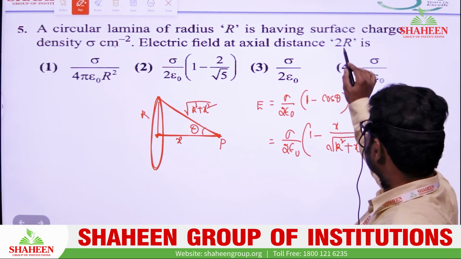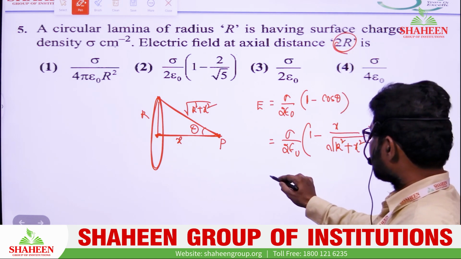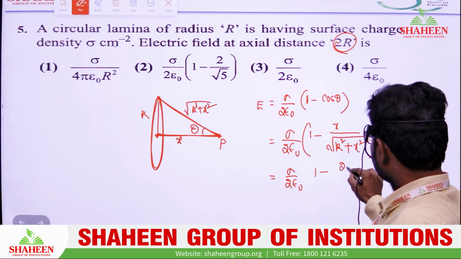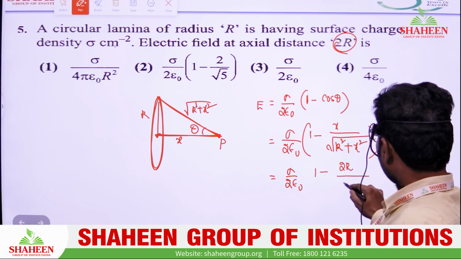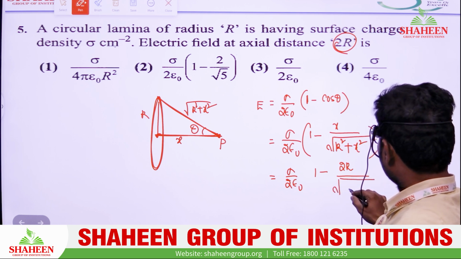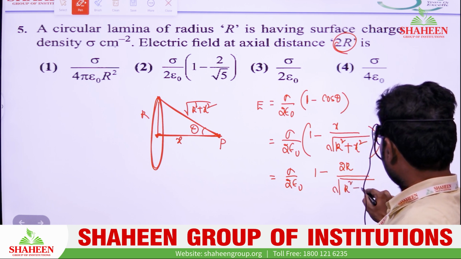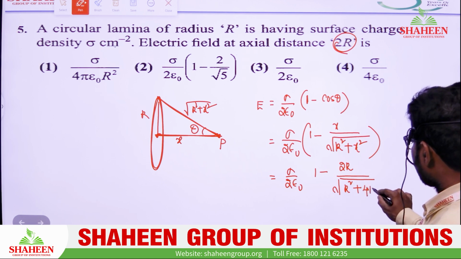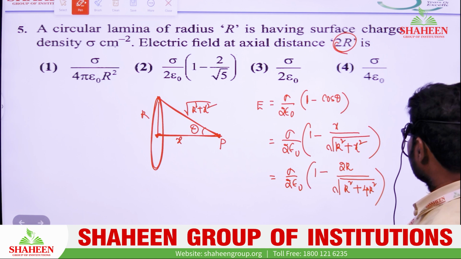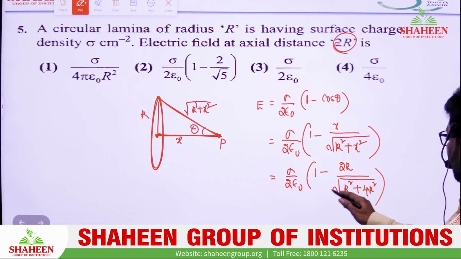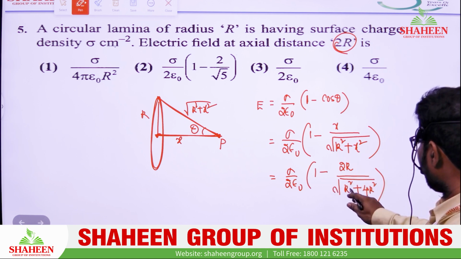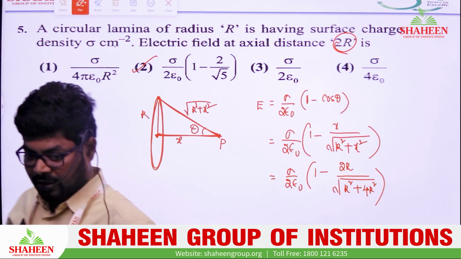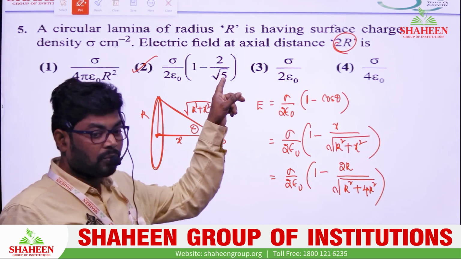Now x is equal to 2r, so it is sigma upon 2 epsilon naught into 1 minus 2r upon under root of r square plus 4r square. Taking r common, r gets cancelled, so root 5. The answer is sigma by 2 epsilon naught into 1 minus 2 upon root 5.